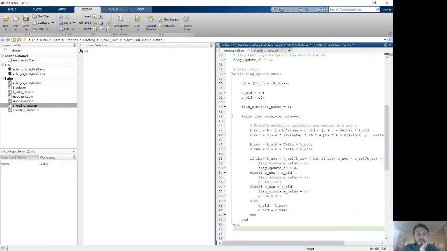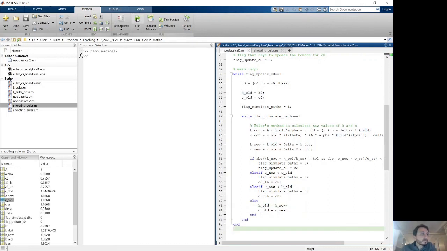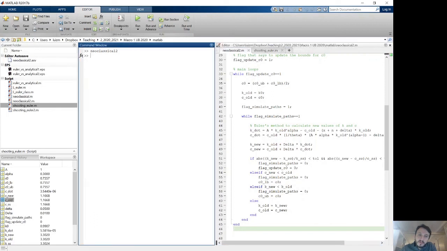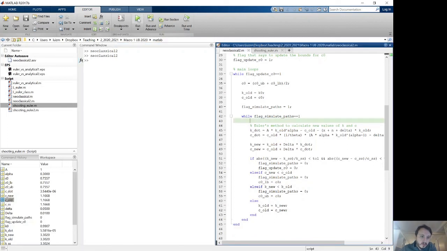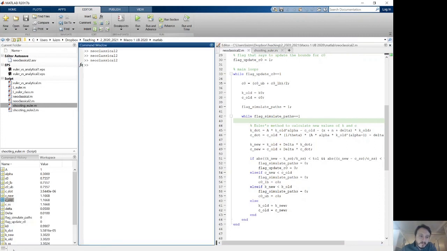So if I run this code, I click run here, and the code converged because when MATLAB is running something, a symbol appears here, so busy, right? And now since there's nothing showing up here, it means that the code has converged.